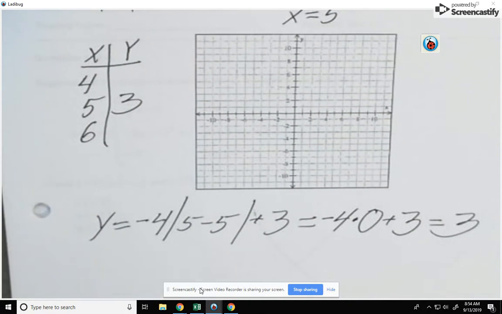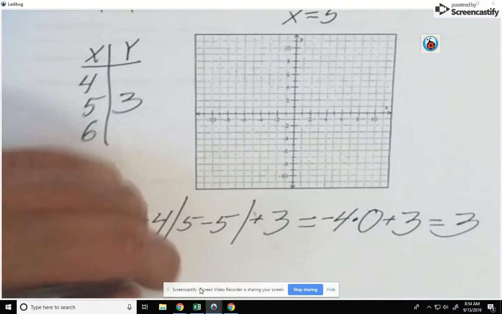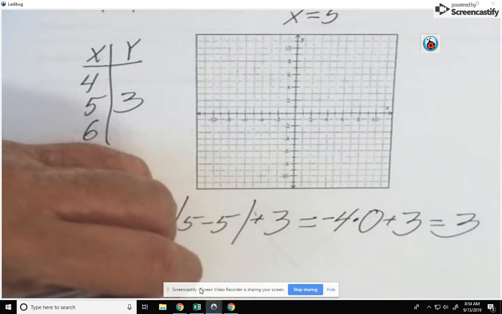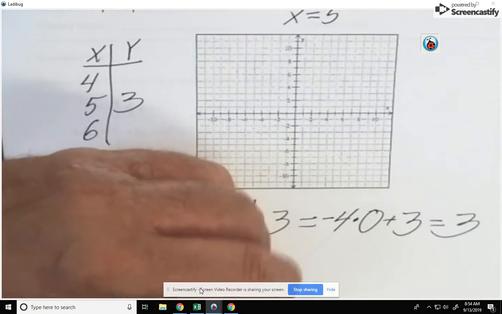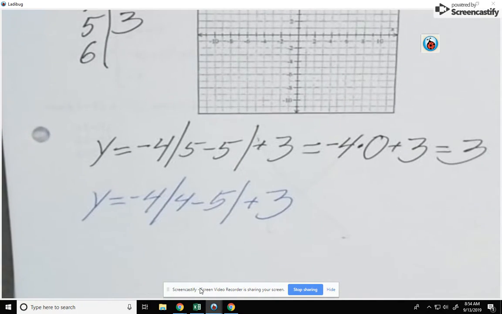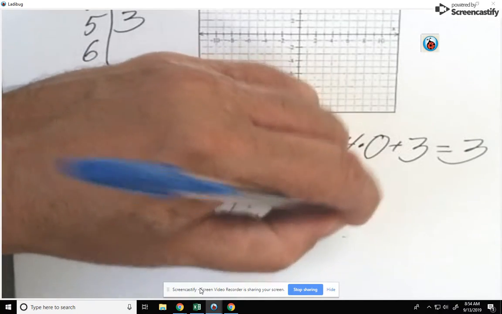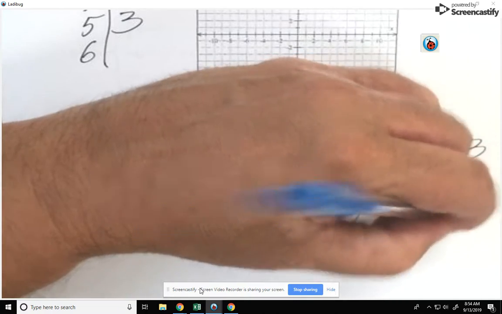Then, if I want to figure out what it is when I have 4, I get Y equals negative 4 times the absolute value of 4 minus 5, plus 3. This will become negative 4 times the absolute value of negative 1, plus 3.